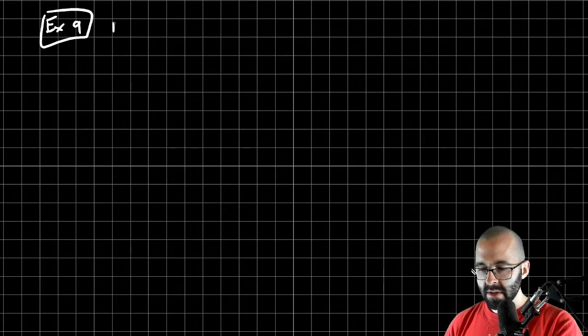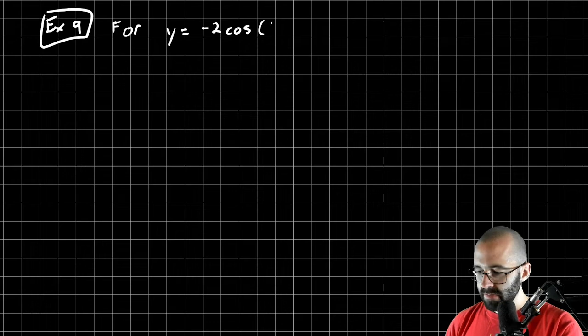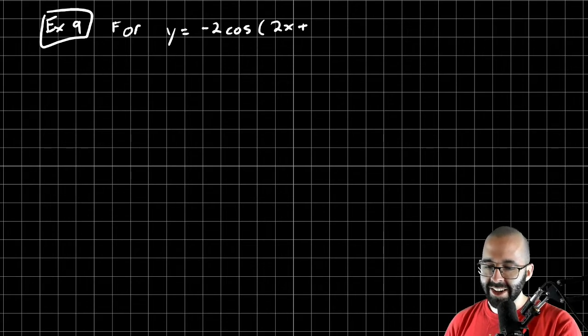Example 9. For y equals -2 cosine of (2x plus pi) plus 1. Oh, I'm gonna change my mind, and I know I'm gonna pay for it.